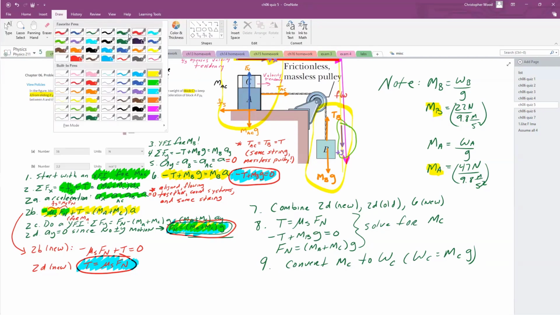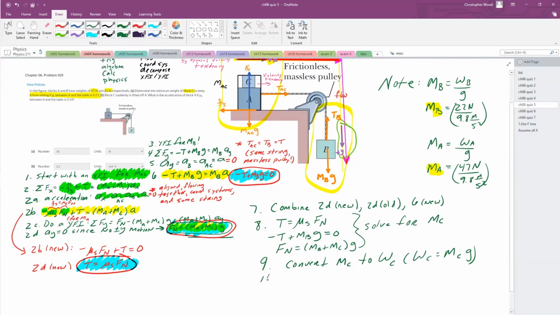All right. Mass of C for me is 57.8 newtons. That's the answer to part A.